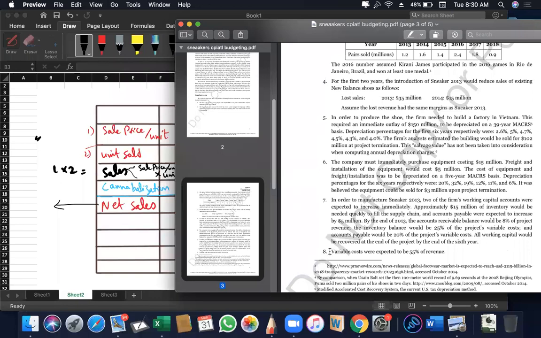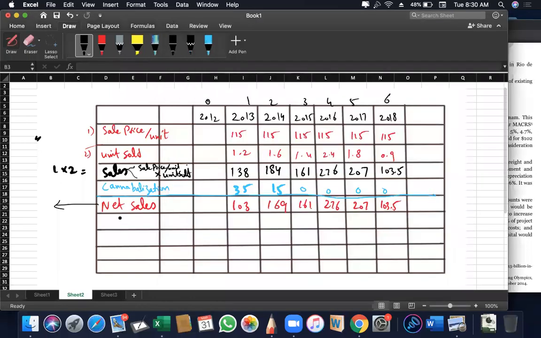The first one is variable cost, expected to be 55% of revenue. Now what revenue is this? This is the net revenue. So we have to take 55% of net revenue. So multiply 0.55 with net revenue.